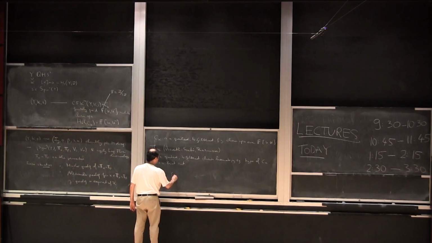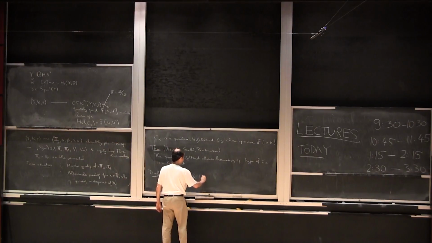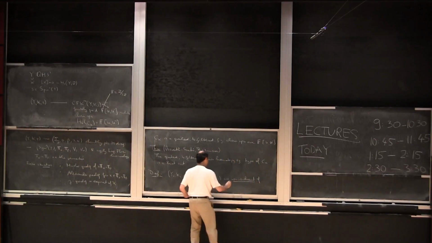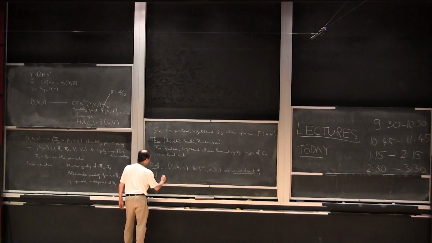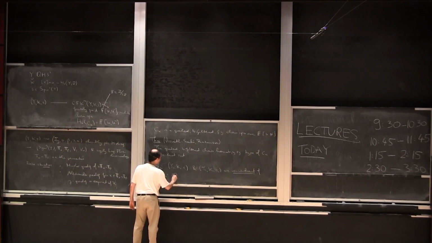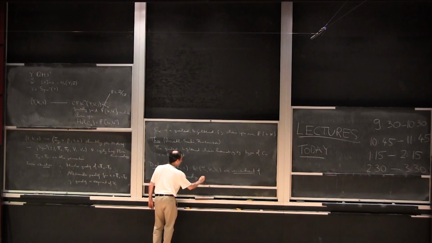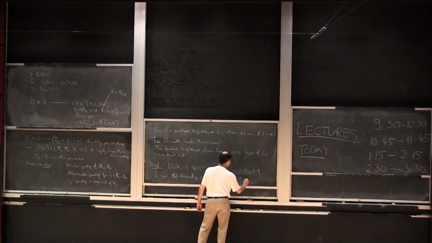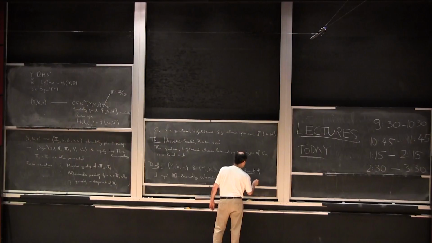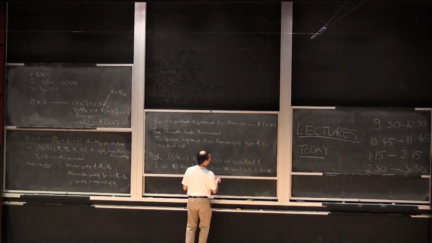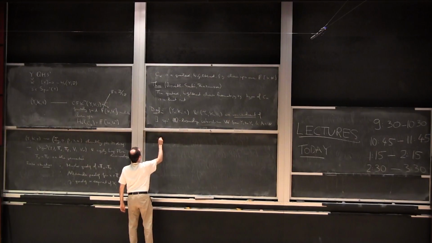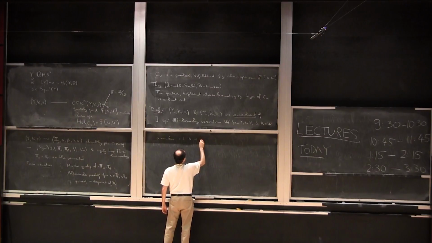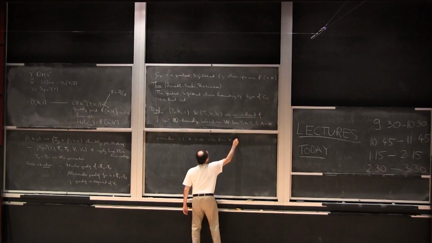So we say that Y1, K1, S1 and Y2, K2, S2 are concordant if there is a spin C rational homology cobordism W from Y1 to Y2 and a smooth submanifold A in W, which is an annulus, such that A is a cobordism from K1 to K2.